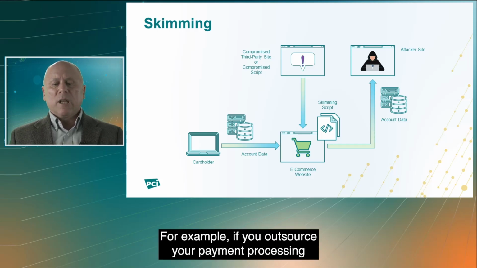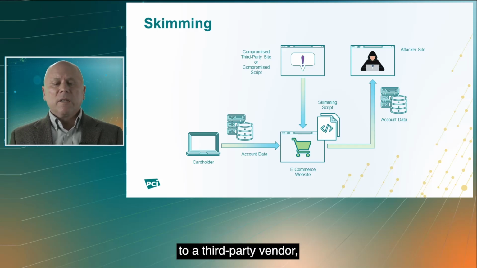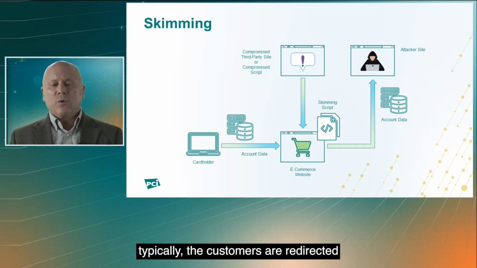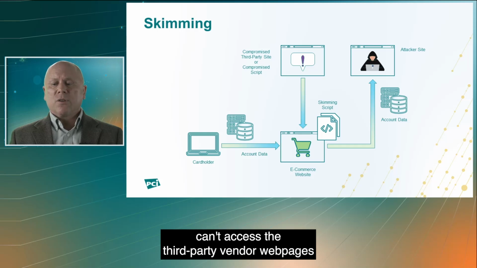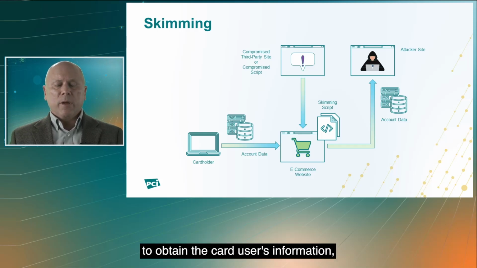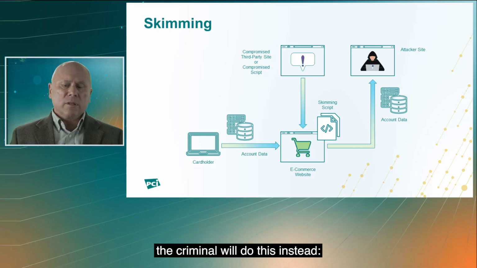For example, if you outsource your payment processing to a third-party vendor, typically the customers are redirected to this third-party vendor to enter their credit card information to complete the transaction. Because most of the skimmers can't access the third-party vendor web pages to obtain the card user's information, the criminal will do this instead.